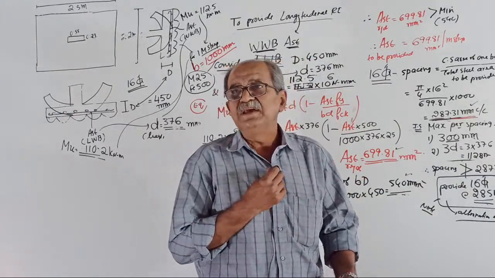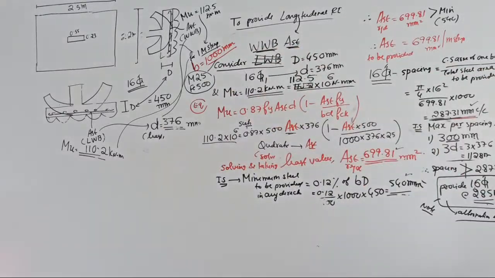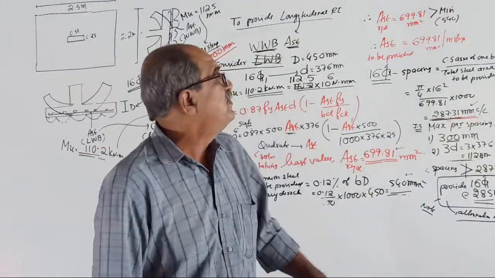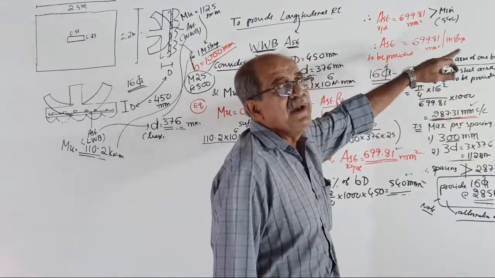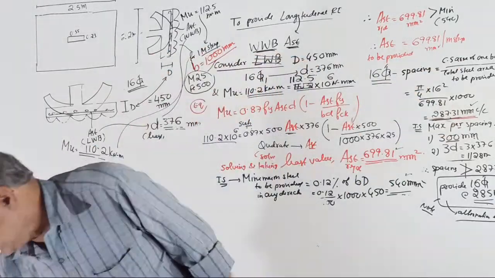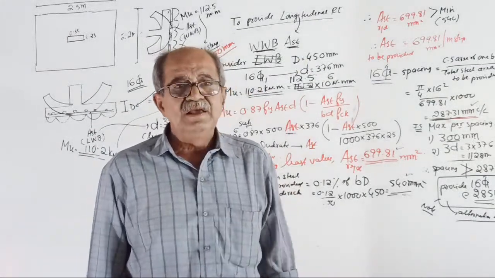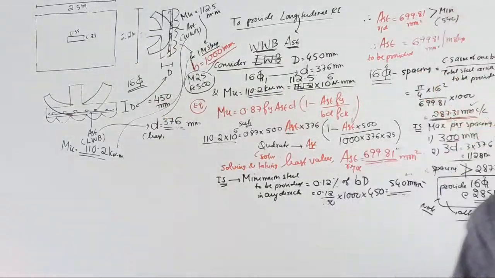Within 5 minutes, give me the answer. Get ready. Within 5 minutes, you change the numericals and be ready with the answer. Or you can type what is AST required and what is the spacing. Minimum remains same. You should write what is the AST required and spacing required. Fast. Don't waste time. Maximum within 5 minutes.